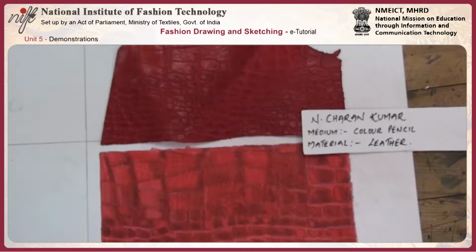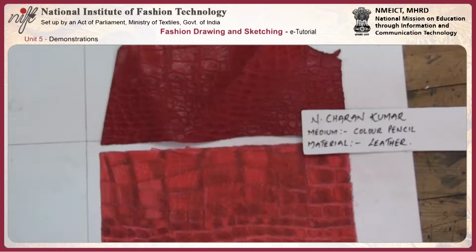You can observe here that the illustrator has used color pencils to render a piece of leather. You must note here that unlike textiles, leather has different kinds of textures, and these textures are never going to be very uniform.